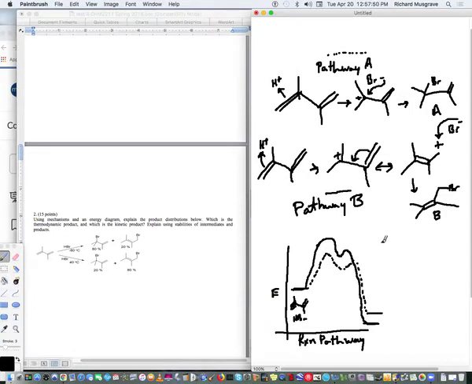All right, so what we're interested in here is the different bits and pieces. This point is representative of this carbocation.